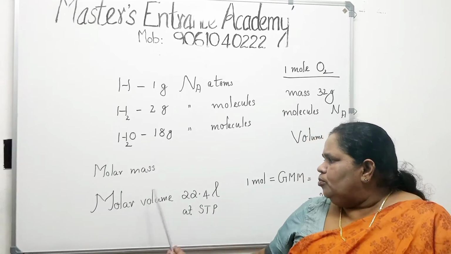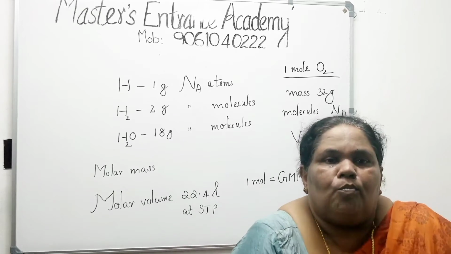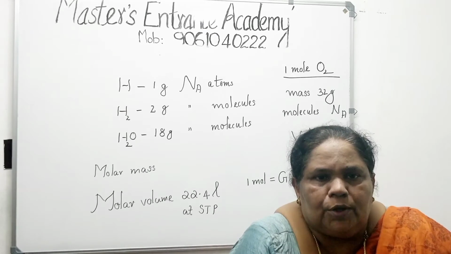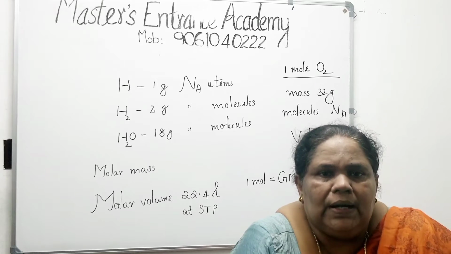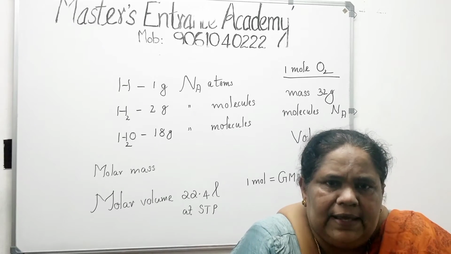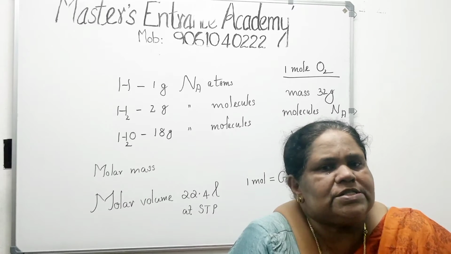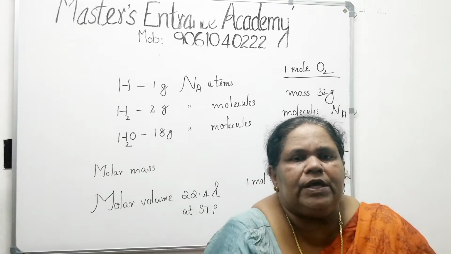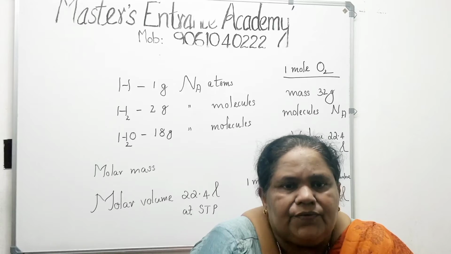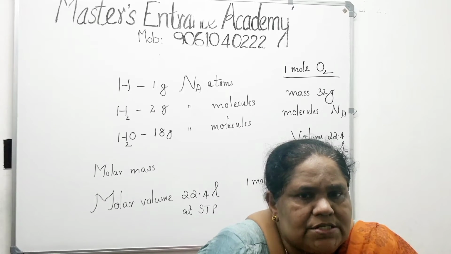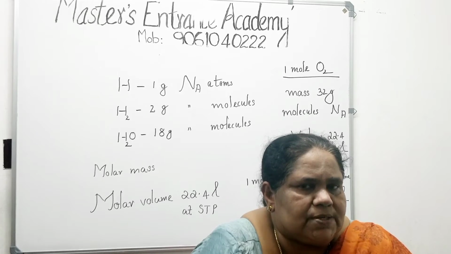Then what about molar volume? Molar volume is the volume occupied by 1 mole of any gas at STP. What is STP? STP is standard temperature and pressure. Standard temperature is 0 degrees Celsius.